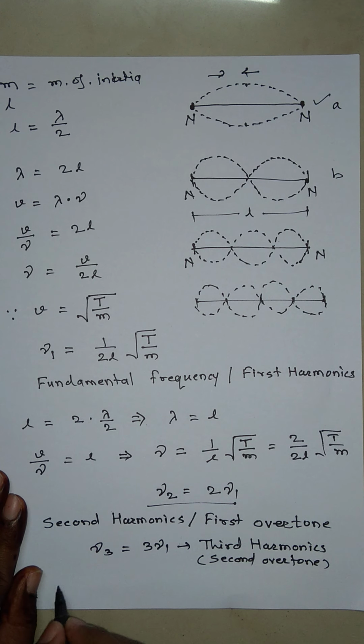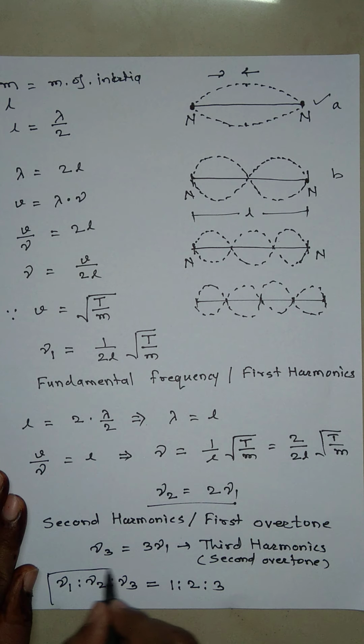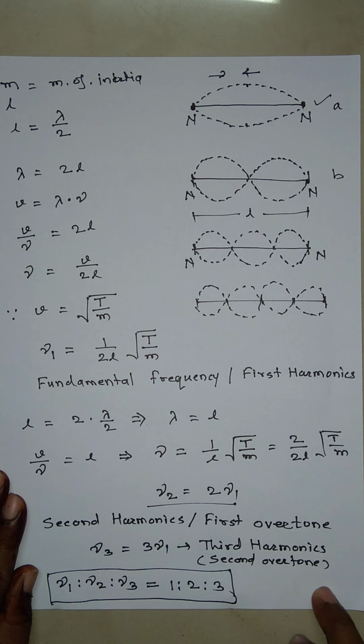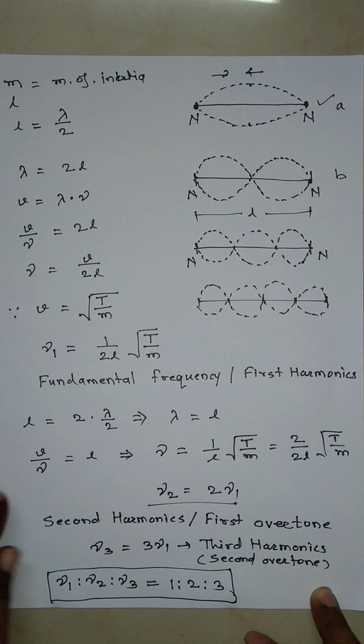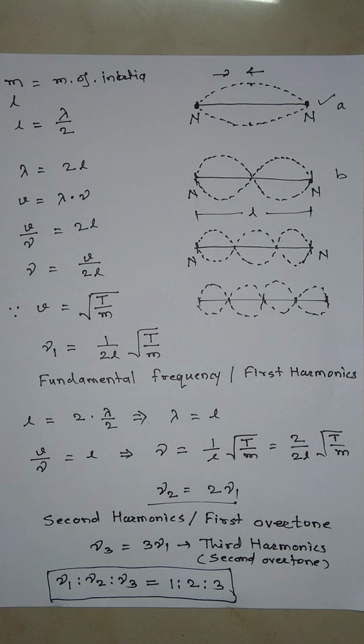And what you will notice is that nu 1 is to nu 2 is to nu 3 is equal to 1 is to 2 is to 3, and so on for various modes of vibrations in a stretched string.